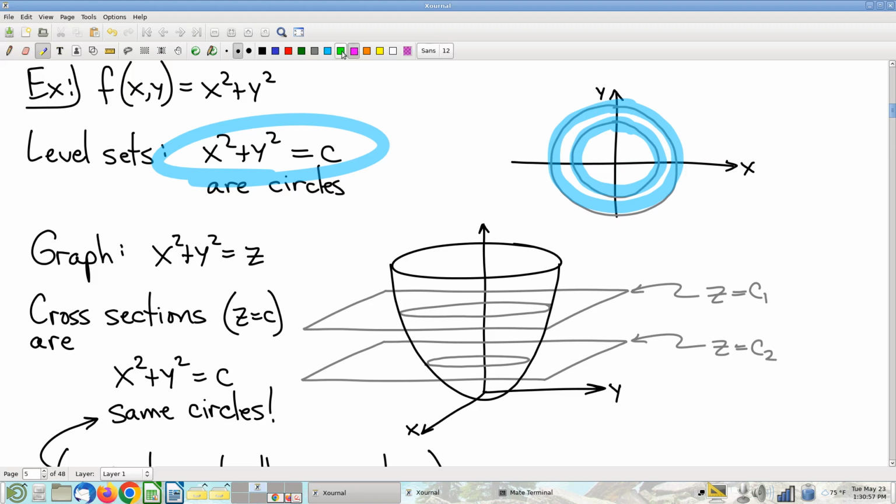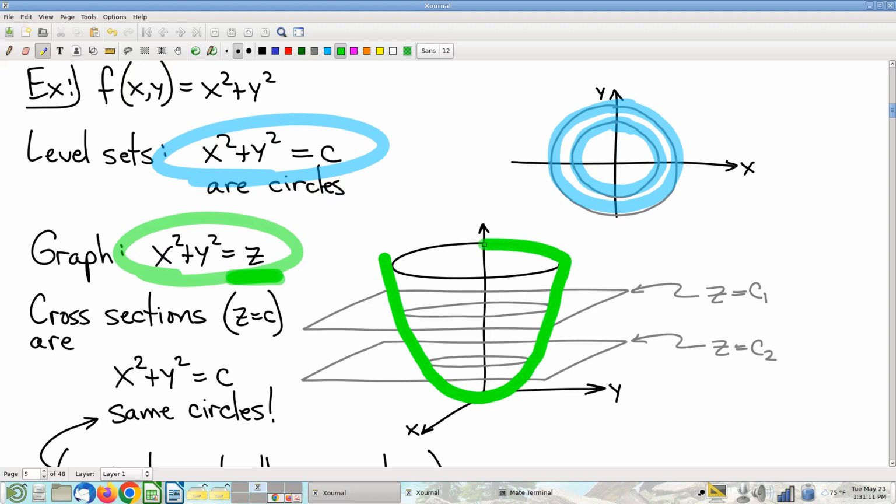The graph, again, notice same function, but I'm setting it equal to z, a new variable, instead of c, a constant. The graph is, and I'm going to justify this later, but for the moment, let me just assert that this is a kind of bowl-like shape that looks like that. It's called a paraboloid. We'll justify this picture a little bit later, hopefully today. Fingers crossed.